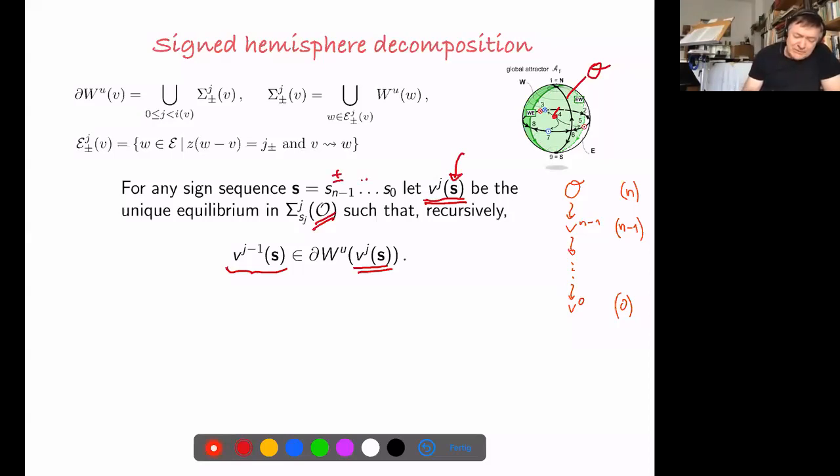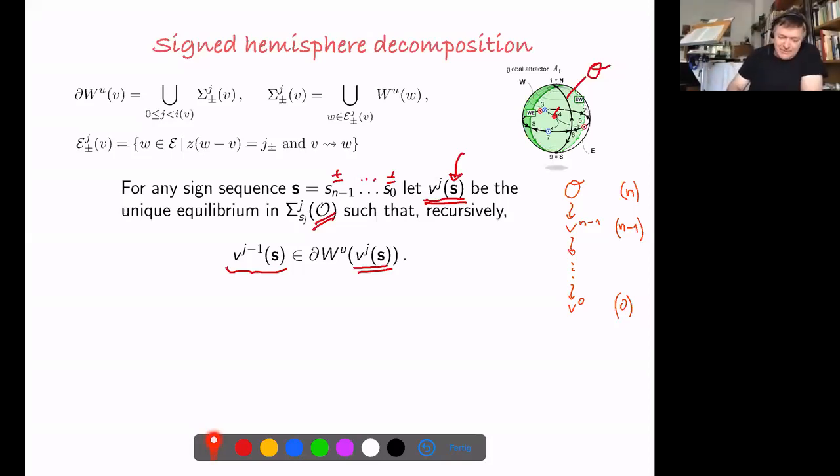So for any sequence of plus minus signs, I get a sequence O, Vn minus 1 down to V0 of equilibria. And it turns out, because each sits in the boundary of the guy above, that there is a chain, a cascade of heteroclinic connections where the Morse index drops down by 1 along the sequence.